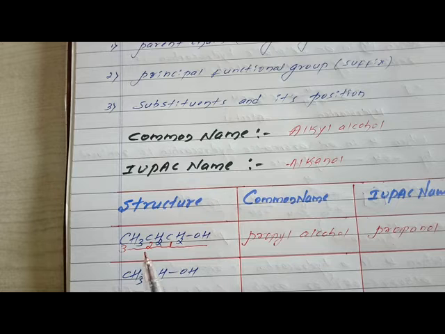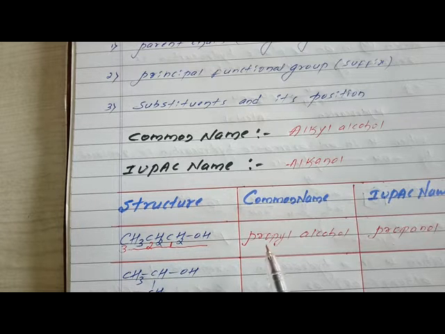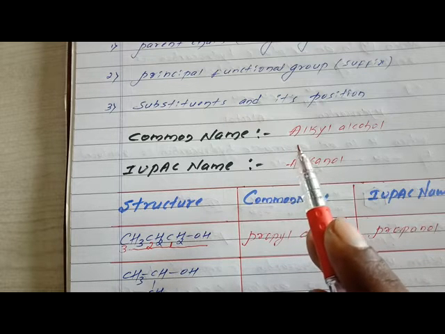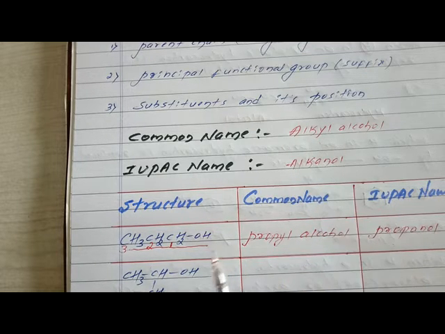In this case there are three carbon atoms, so the name of the alkyl group is simply propyl, followed by the word alcohol, because as per our rules we write the common name as an alkyl alcohol. So we write the common name as propyl alcohol.